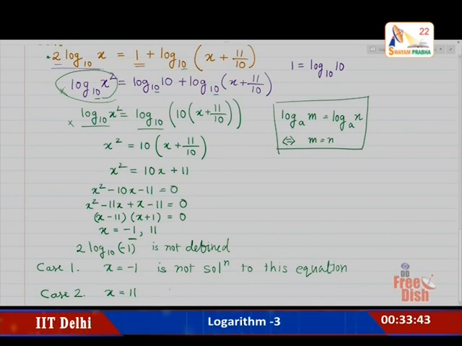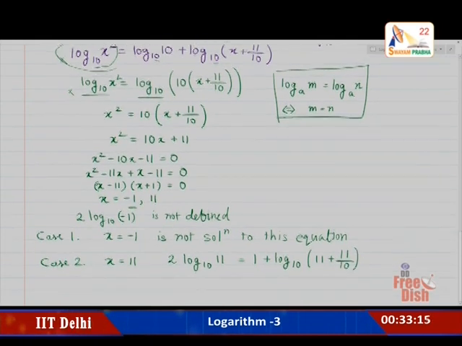So it's 2 times log to the base 10 of 11, which is equal to 1 plus log to the base 10 of 11 plus 10, sorry, plus 11 by 10. So it should be 11 by 10, that's fine.